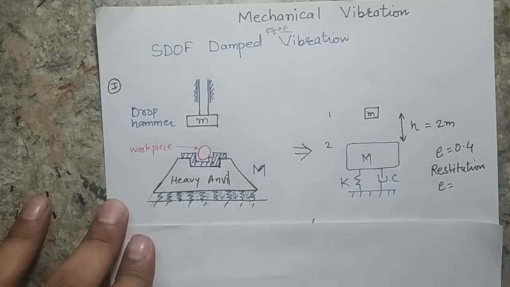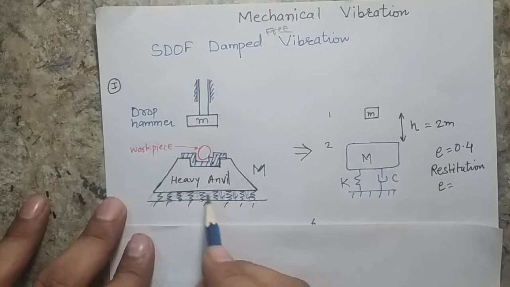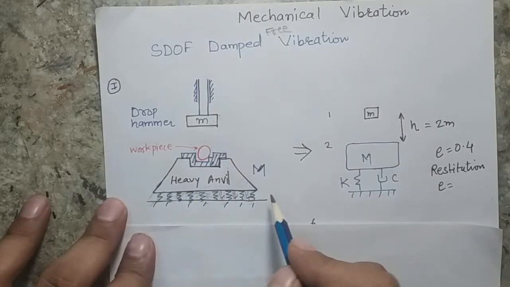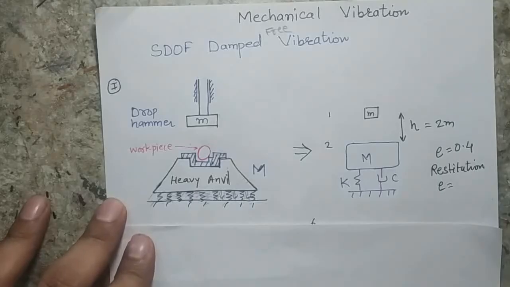And what do we mean by response? Response means I am not interested only in getting the natural frequency. Suppose the hammer is falling on the workpiece, and I am interested in finding what the position of the anvil will be after 0.5 seconds, or what will be the acceleration and displacement of this anvil. So my first job would be to get a mathematical model.